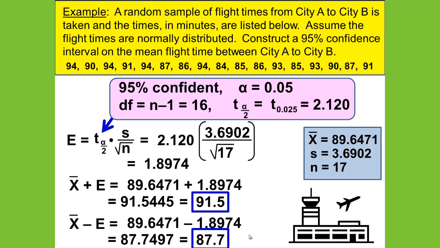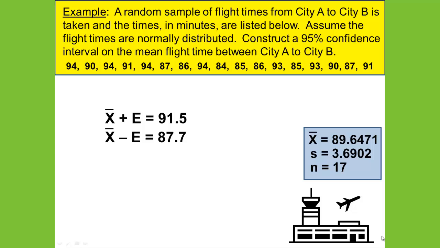For this video and for Mrs. Borlaug, she rounds these to one more decimal place than your original data. Therefore, these will be rounded to 91.5 and 87.7. And that gives us our upper and lower limits.